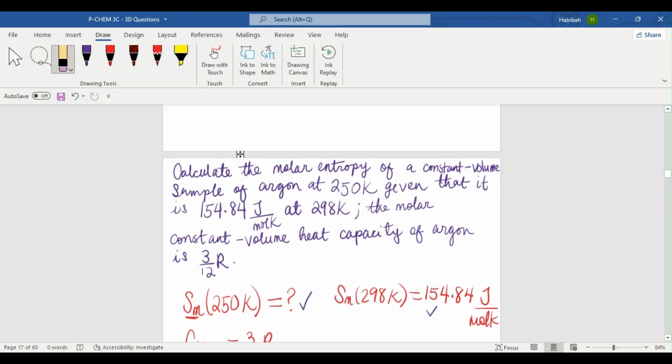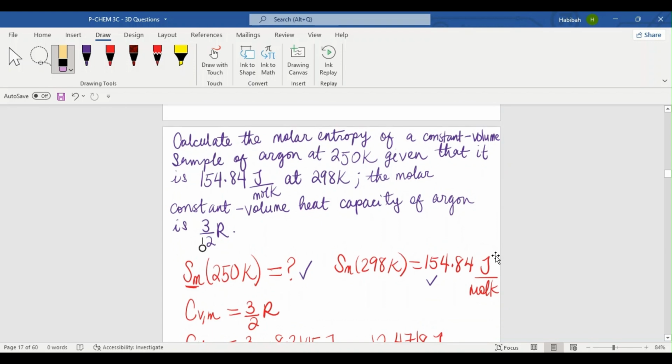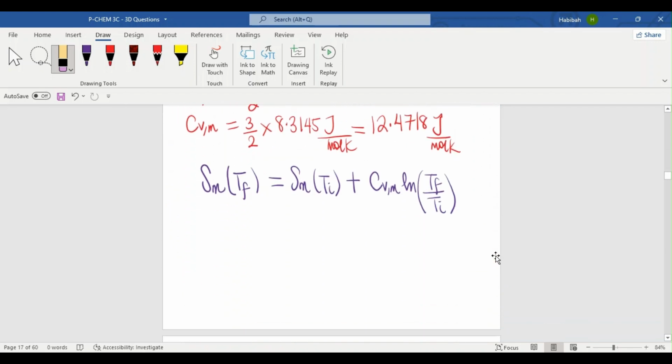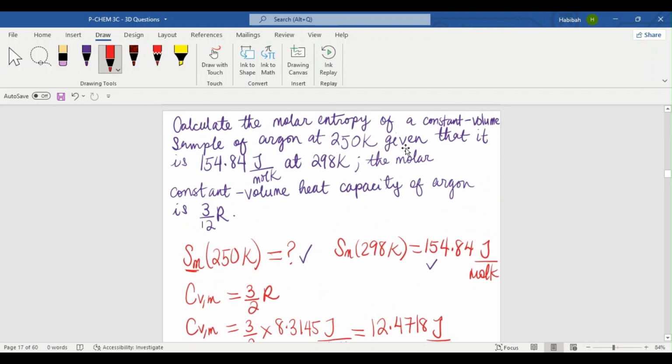You can see in this question that we're told to calculate the molar entropy of a constant volume sample of argon at 250 Kelvin, given that it is 154.84 at 298 Kelvin. What this is telling you, because of how the grammar is worded, is that the initial temperature is going to be 298 Kelvin. Then there's going to be a decrease in temperature to 250 Kelvin.